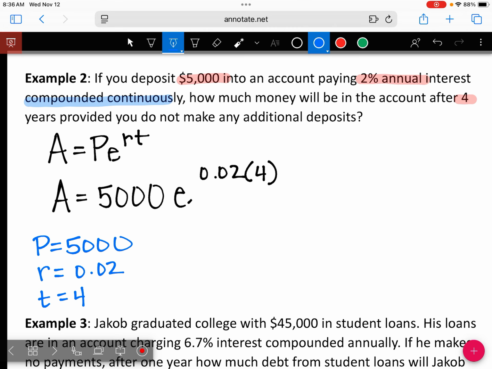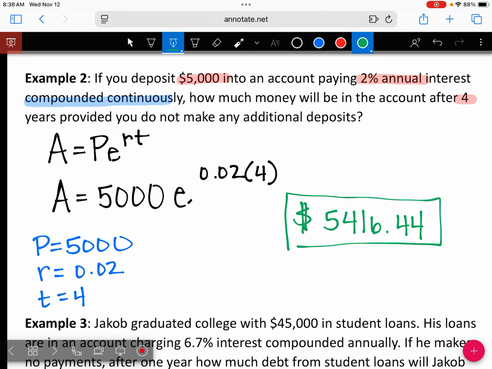That's the difference between example 1 and 2. So it's not that big of a difference between continuously and monthly. So for this one, you should get, for your final answer, $5,416.44. Who got that? All right, let's keep going.